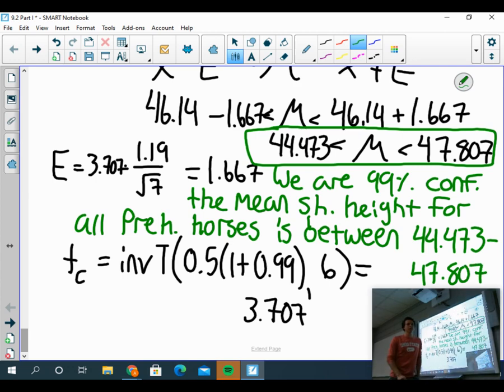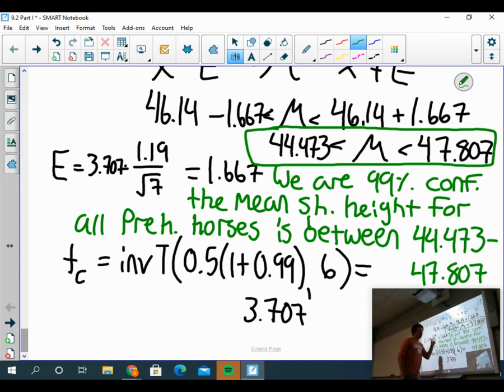Another way of thinking about this is based on our specific interval, which was based on our specific sample data. We could come up with different intervals if we gathered more samples. If we gathered a ton of samples, 99% of those intervals created out of samples of size 7 would contain the true population mean.